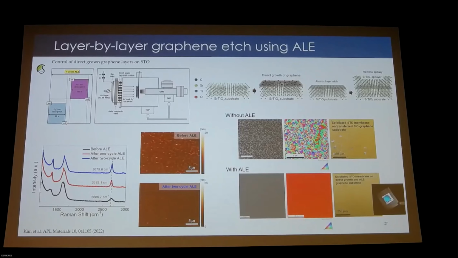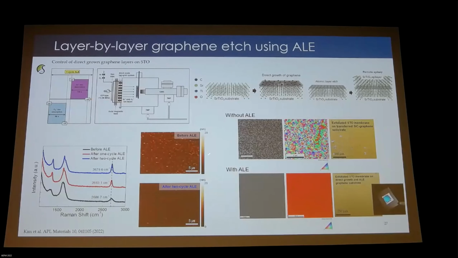So to combat this, we used a technique called atomic layer etching. This is where we can actually etch away graphene layer by layer, one atomic layer at a time. You can see that before atomic layer etching, the graphene surface after growth is rather rough, but after 2 cycles of atomic layer etching, the surface is rather smooth, and we get a higher graphene 2D intensity in Raman.